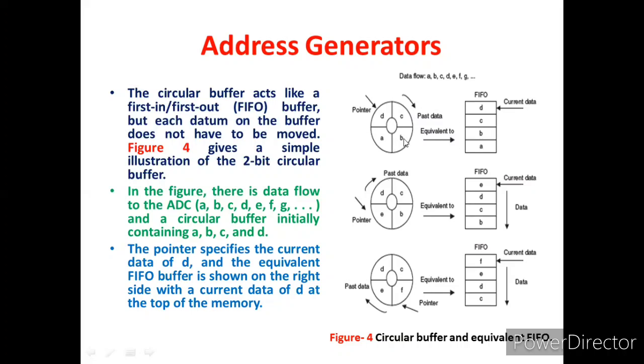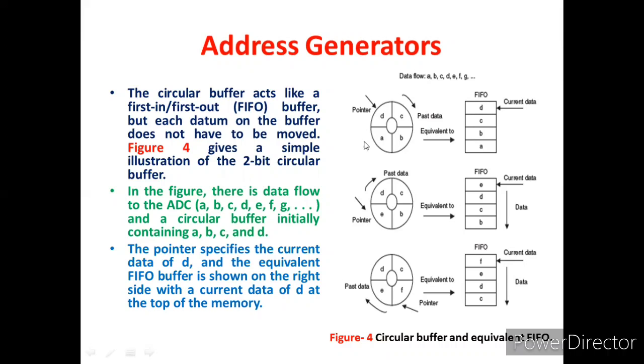Now for this circular buffer, the equivalent FIFO structure is shown here, and how the data is stored. The data is A, B, C, D, E, F, G. You can observe that A, B, C, D is stored in the FIFO as in this figure, and the pointer is pointing to the current location, D.